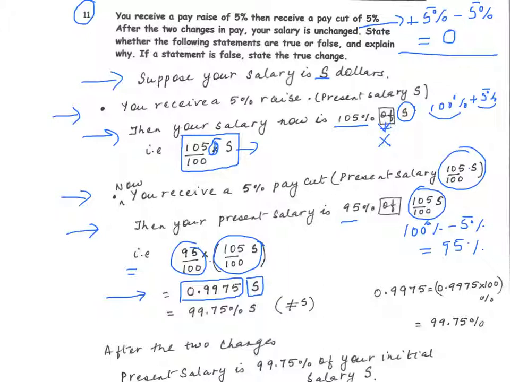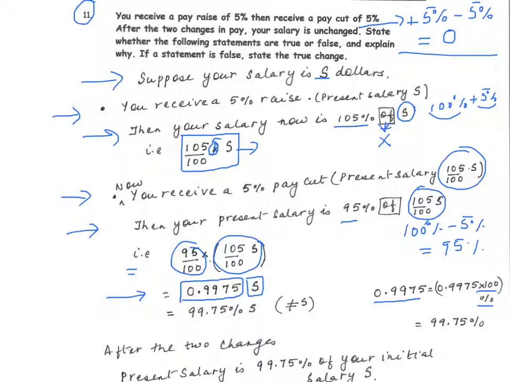It's 0.9975 times S. Now, we need to think in terms of percentages. So we convert the decimal, which is 0.9975, to a percent. So 0.9975 equals 0.9975 times 100%. And that's how we calculate a percent. We just multiply it with 100%.